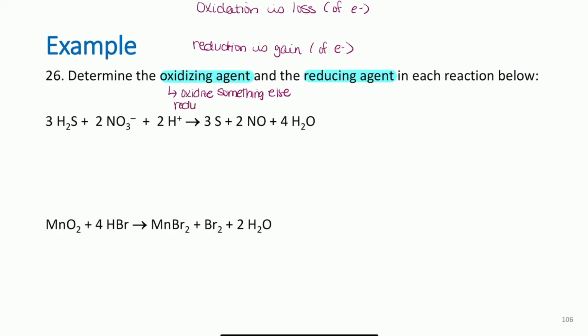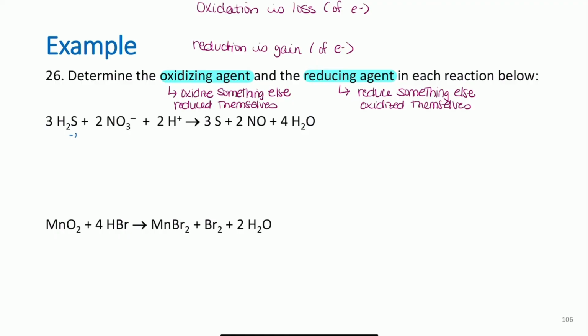They reduce themselves. Reducing agents reduce something else. They oxidize themselves. So let's look at each piece.